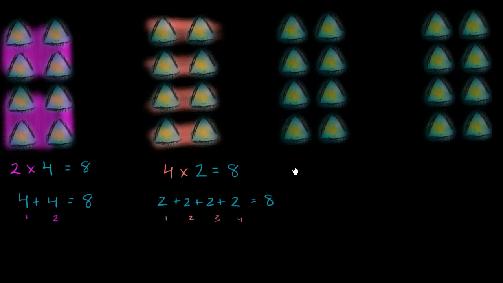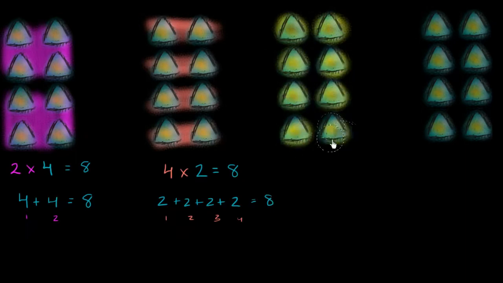Well, we literally could view it as 8 groups of 1. So let's do that. So 8 groups of 1 would look like this. That's 1 group of 1, 2, 3, 4, 5, 6, 7, 8. So we could write this down as 8 times 1. 8 times 1 is, once again, equal to 8.